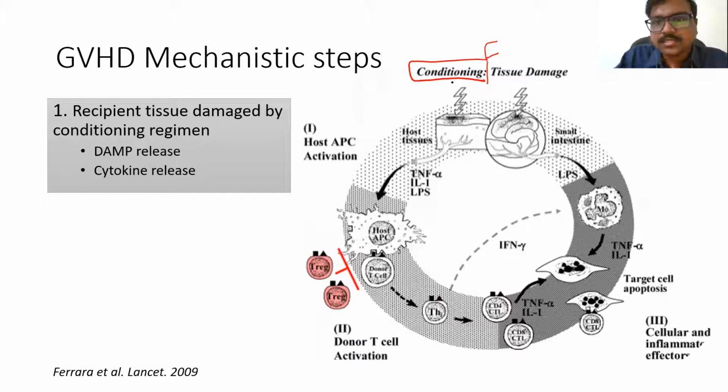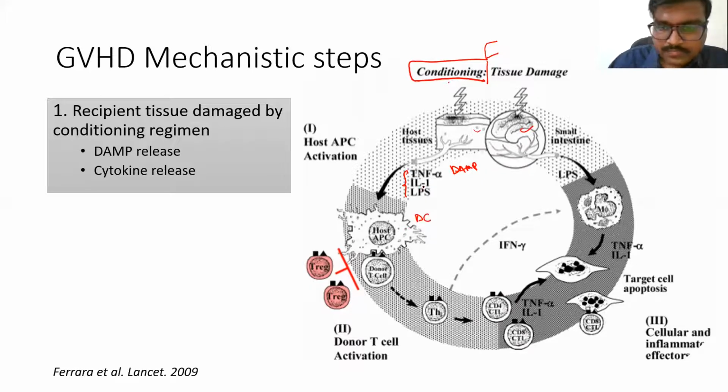So this conditioning chemotherapy leads to massive damage in various organ systems along with the tumor cells, especially in the cells where there is rapid proliferation, like for example skin and GI tract. So this damage in the skin and GI tract especially leads to injury and release of damage associated molecular patterns (DAMPs) and PAMPs, and inflammatory markers are released, which lead to the dendritic cells activation.